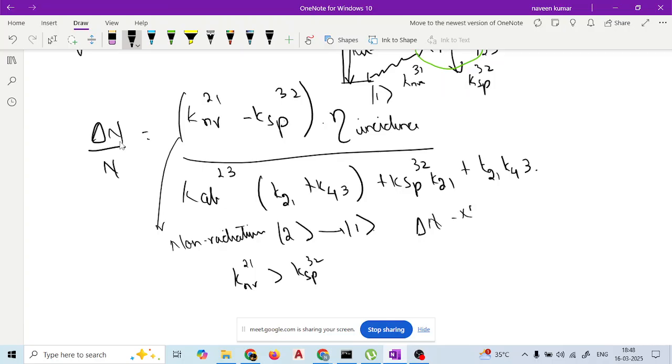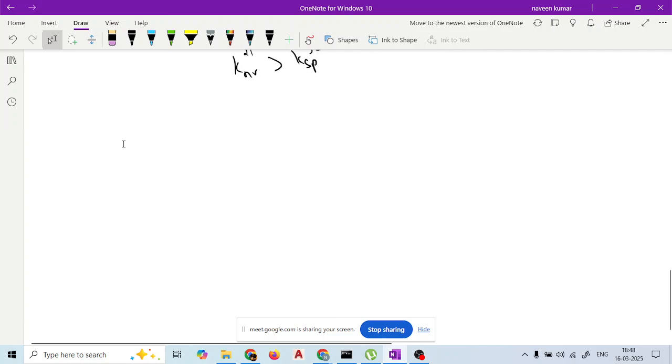again N3 minus N2, we need to achieve the population inversion, and that is the lasing condition between 3 and 2. It should be greater than 0. Normally in terms of a 1. So how are we going to achieve it? The rate constant, that is k21, is normally denoted k21 NR. We are representing it as a non-radiative pathway 2 to 1.